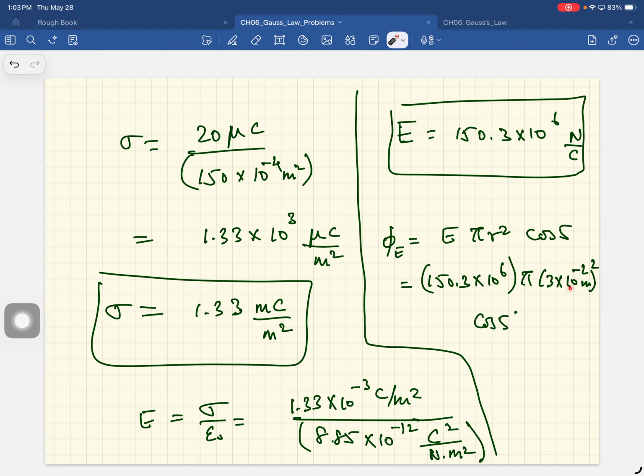So the charge is 10 nanocoulombs inside this cube, somewhere inside this cube. Gauss's law won't tell you where it is.